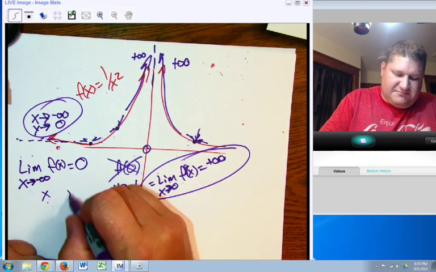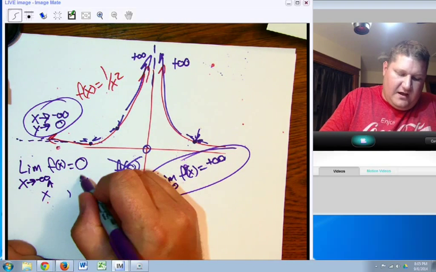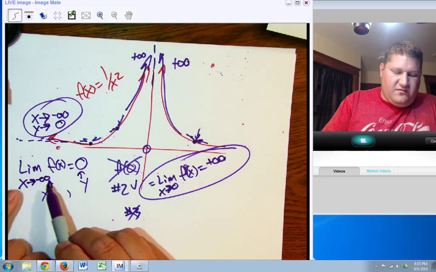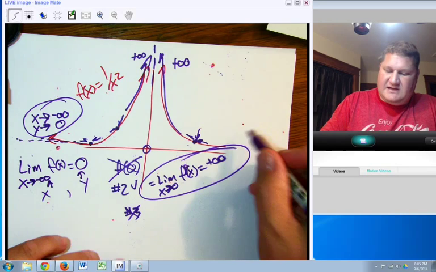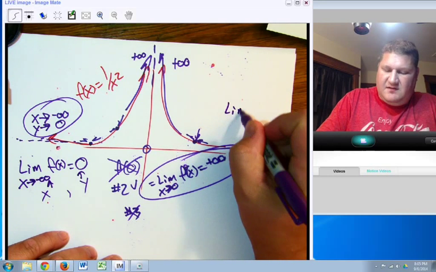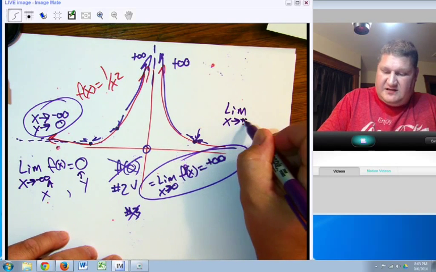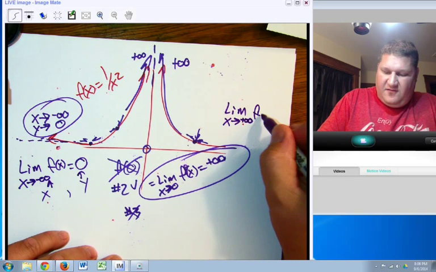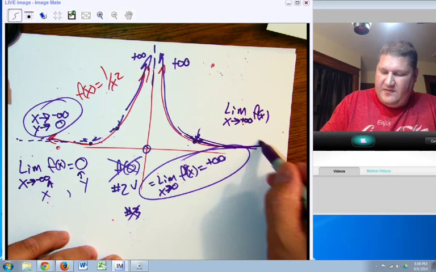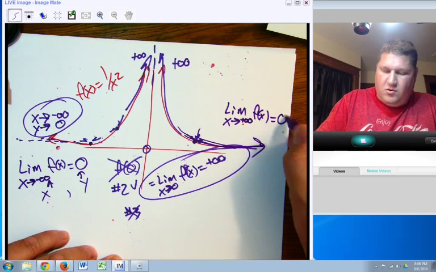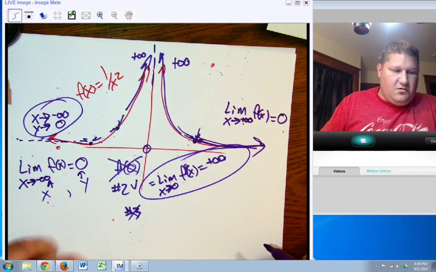This is the x part. This is the y part. So this end behavior is really just a limit in disguise. Same thing, the limit as x approaches positive infinity of f of x. In this case, as it goes forever this way, it seems to be going toward 0.